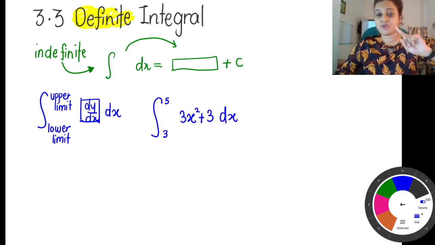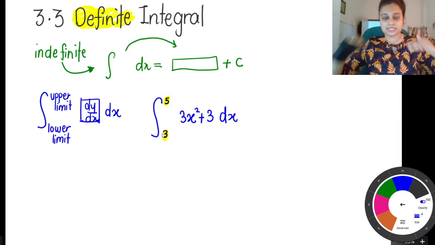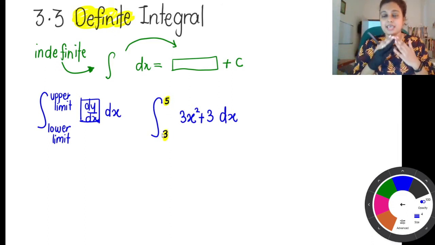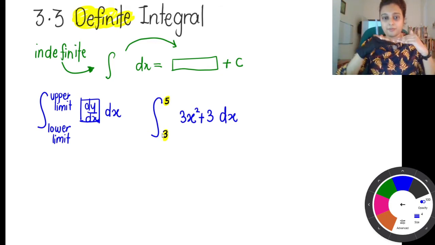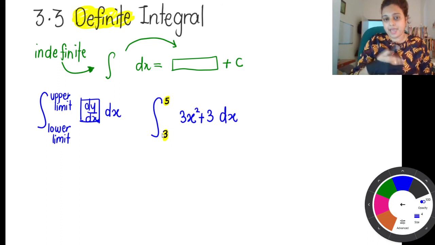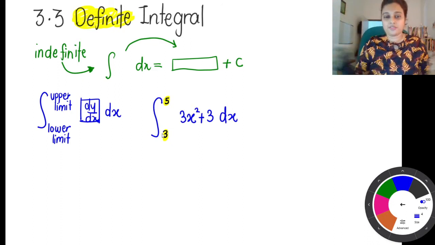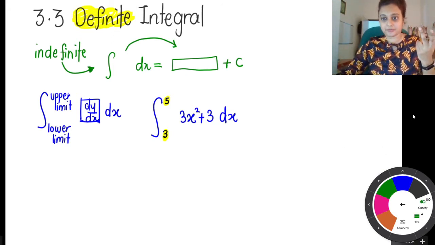Definite must always have limits. Why it has limits is because the integration is happening from this point to this point. Like x from 3 to 5, this is where the integration is happening. Or if they give different numbers, that means you have to follow the limit numbers.